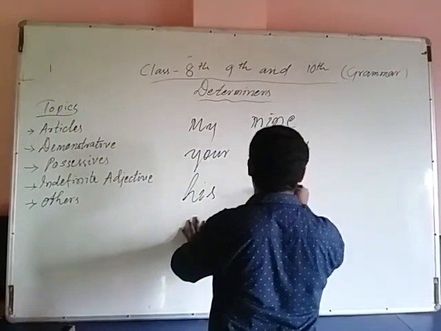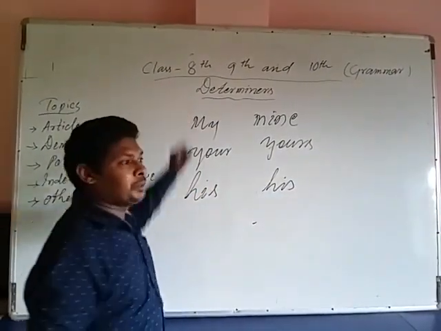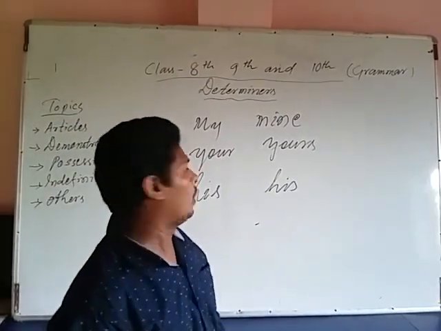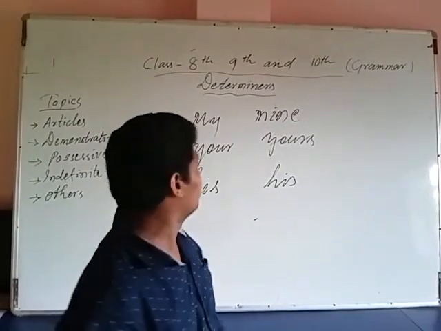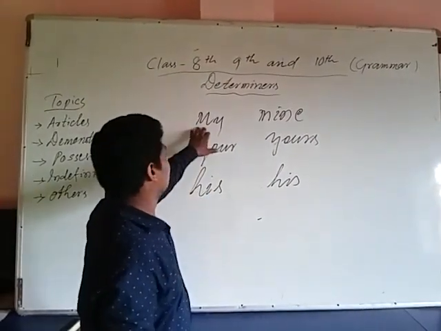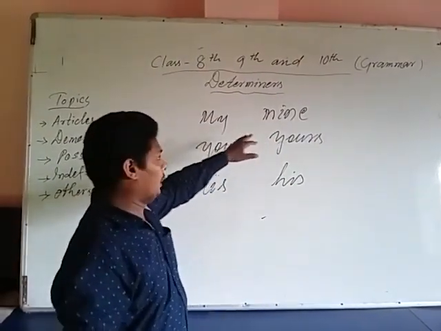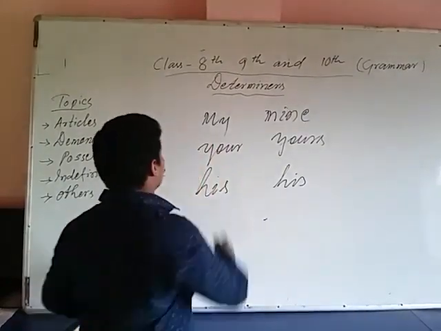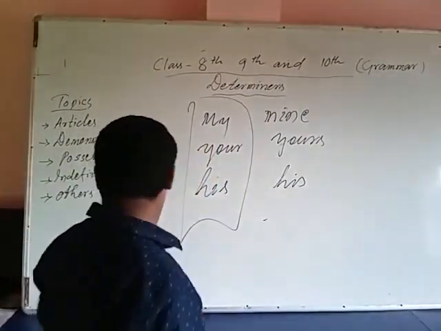These words are possessive words. The possessive pronouns can also be used as determiners in a sentence, as in my book, mine is mine, and your, his. All these words can be used as determiners in sentences.